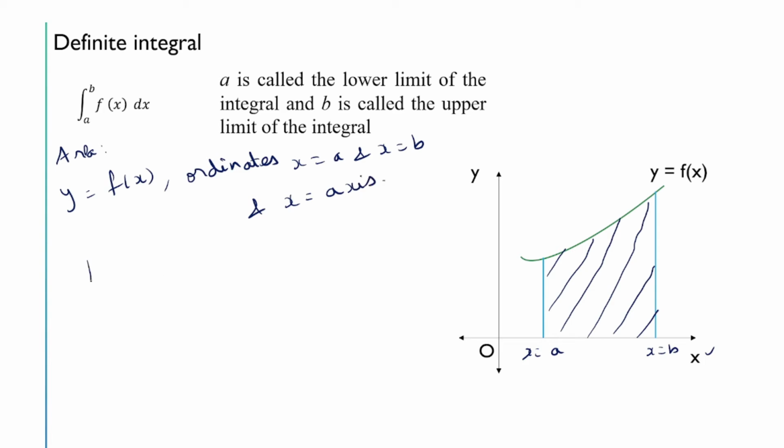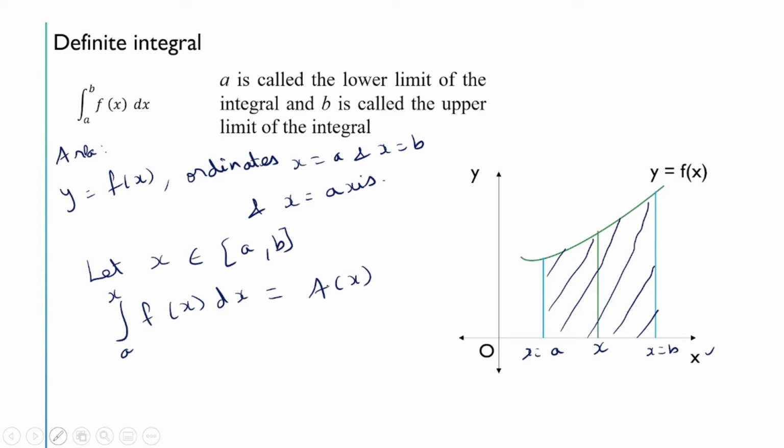Now suppose we have x belongs to the closed interval a comma b. Say for example, we have x in this closed interval a comma b. Then integral a to x f of x dx is the area function.